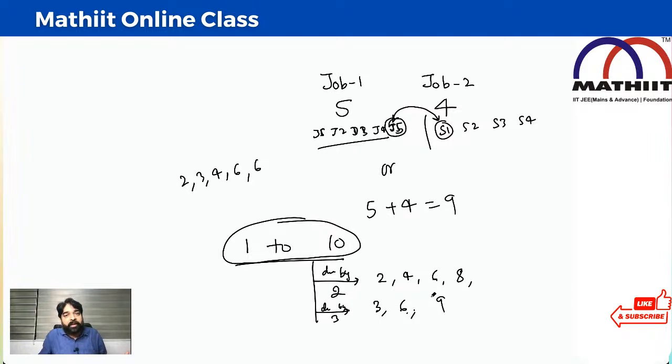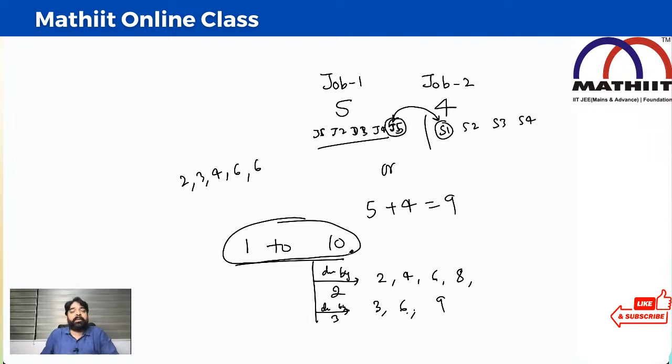Are you able to understand? Just for example, I'm telling you. So there may be a chance that from two jobs, some common job should be there. In that case, you have to use the law of inclusion-exclusion, means set theory.